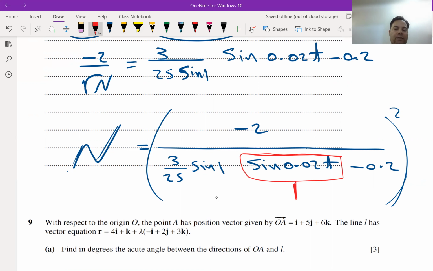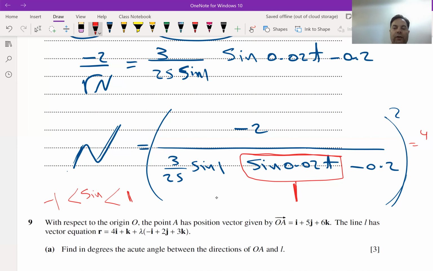As we know, sine x is between -1 and +1. So when we divide to get the maximum value, take the minimum value of the denominator. The minimum value represents -1 and the maximum value represents 1. This value is constant, and when you square it, it will be 4.